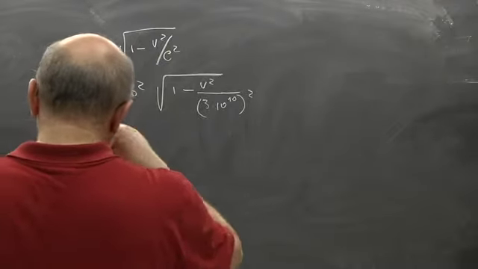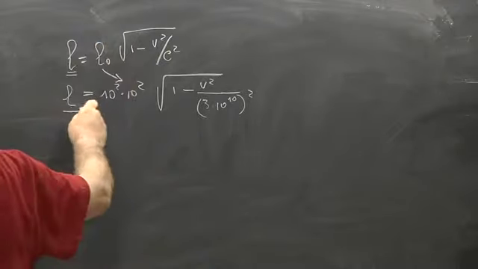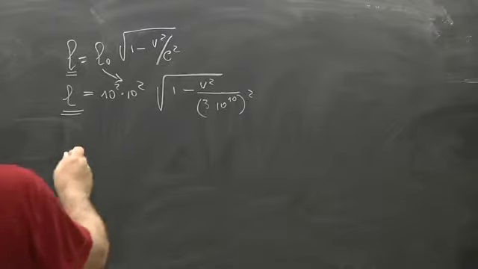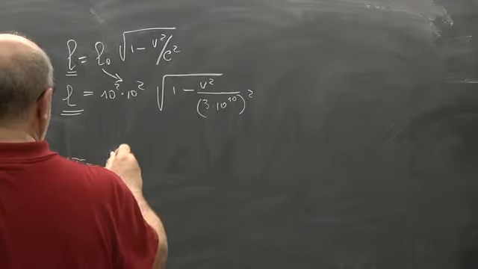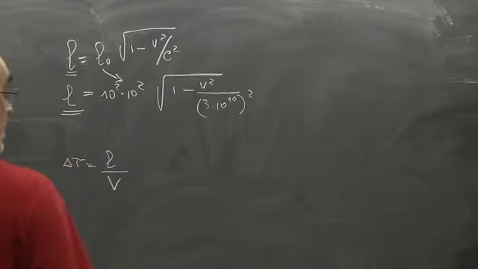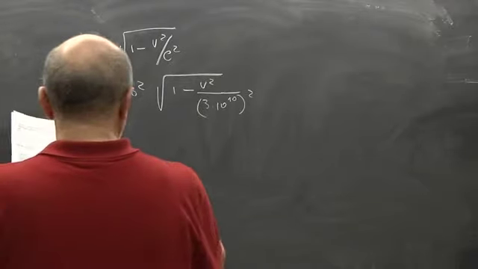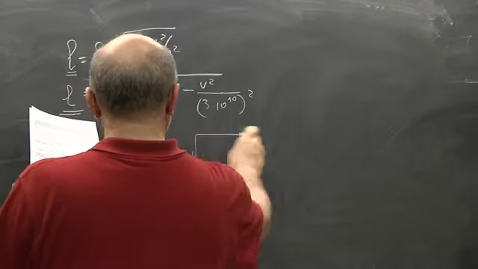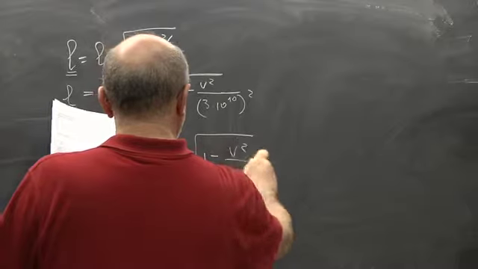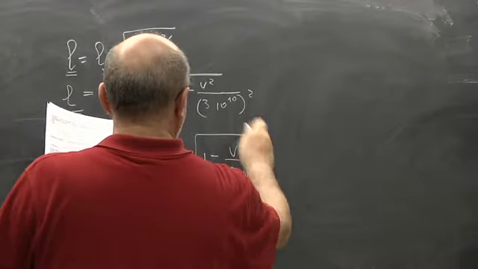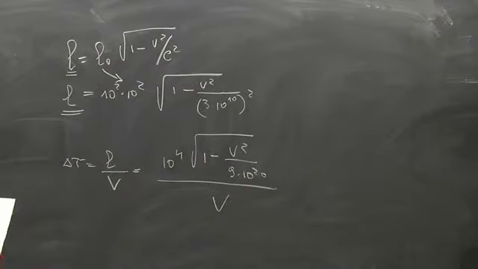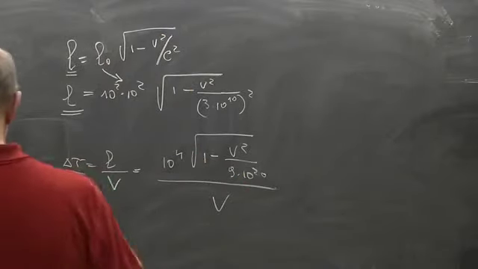Now, this is the length he would measure, but he does not measure a length, he measures time. So the time he measures, delta t, will be L over the velocity at which the spaceship moves. So let's put 10 to the 4th times the square root of 1 minus V squared over 9 times 10 to the 20, divided by V. So V is our unknown quantity. This delta t we know.